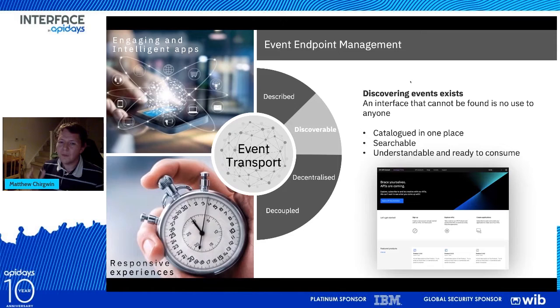So what this developer portal is, the one-stop shop where you can discover from across the business all of the APIs that are available to you to make use of for your applications. It's all cataloged in one place, it's searchable, and the API definitions which have been created are presented to you in a nice friendly format, and you're able to consume and get value from those definitions quickly and easily.